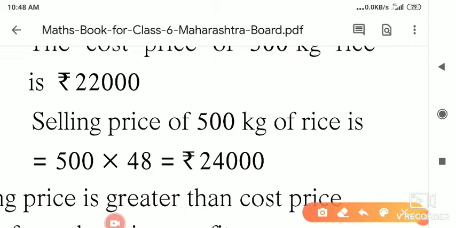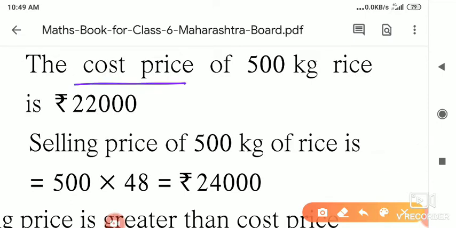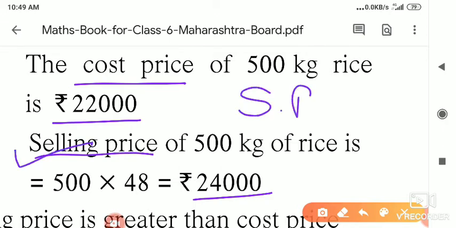Now if you see here, you will notice that the cost price of rice is 22,000, and the selling price of rice is 24,000. That's why in this transaction the selling price is greater than the cost price.